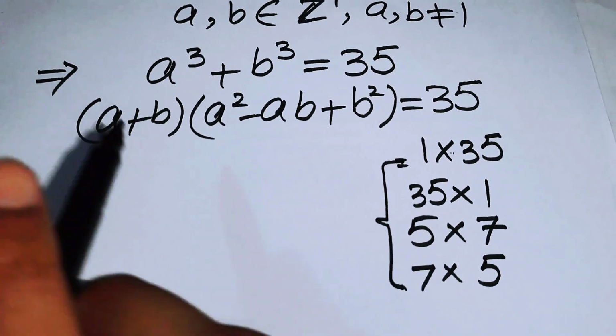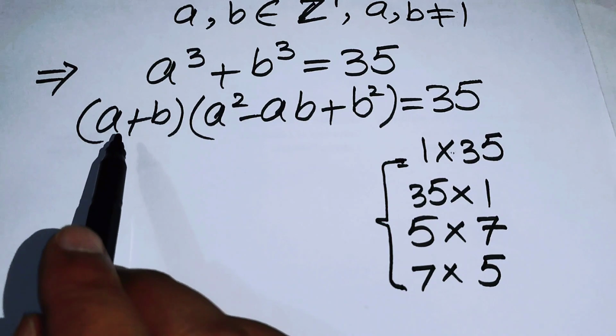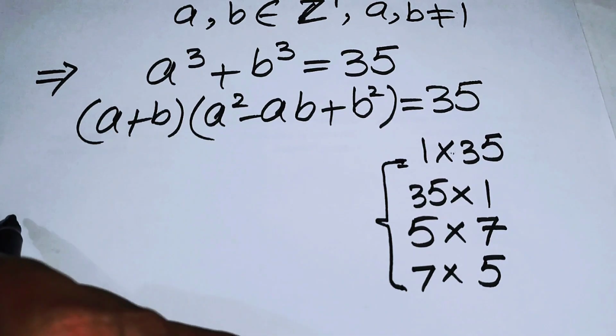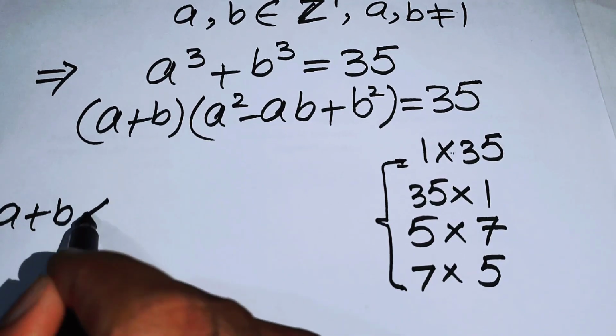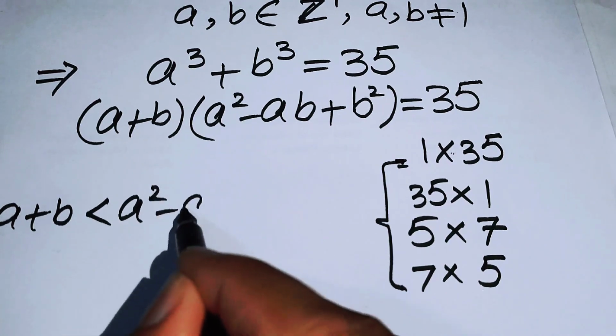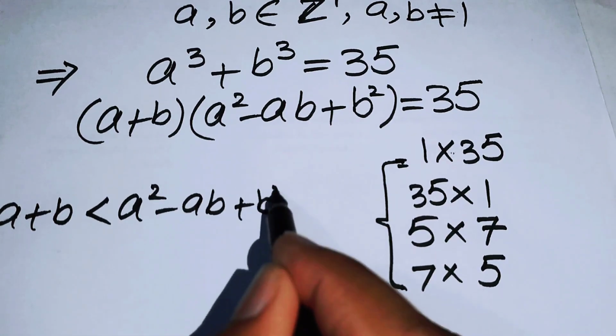So now we choose some cases. First you focus on these 2 terms, and here you can see that a plus b is less than a square minus ab plus b square.